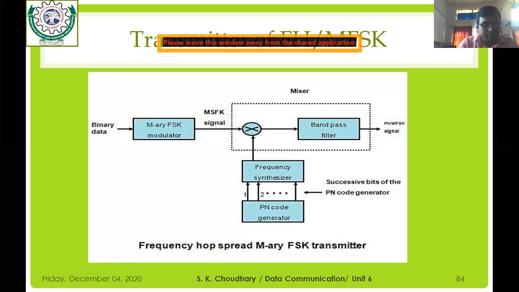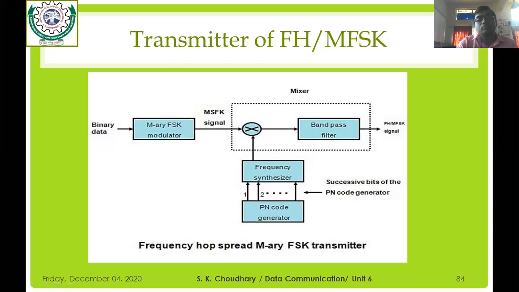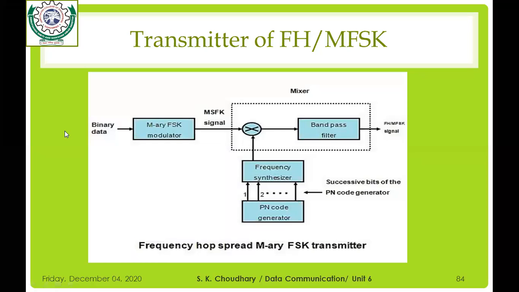So this is the basic block diagram of the frequency hop MFSK transmitter. Please note down this diagram. You will find that, first of all, the binary data sequence b(t) is applied to the MFSK modulator, and the output of this MFSK modulator is nothing but an MFSK signal. This signal is applied to a mixer block along with the output obtained from a digital frequency synthesizer.